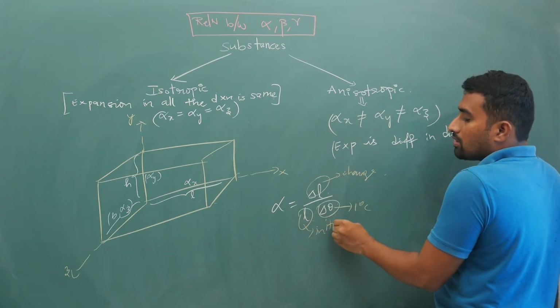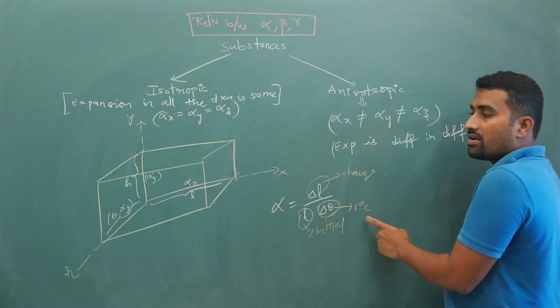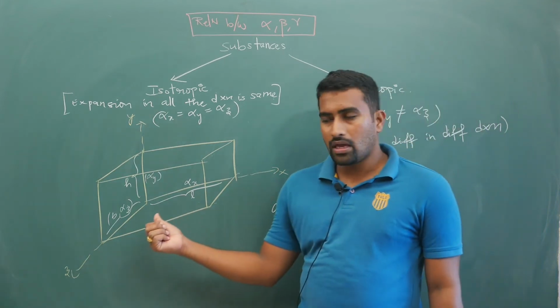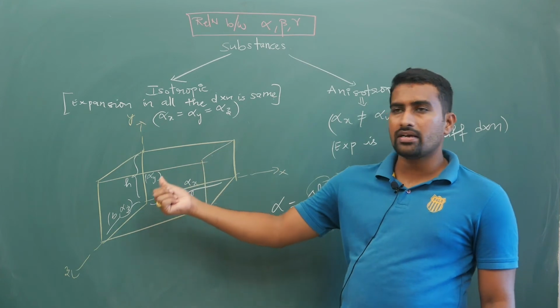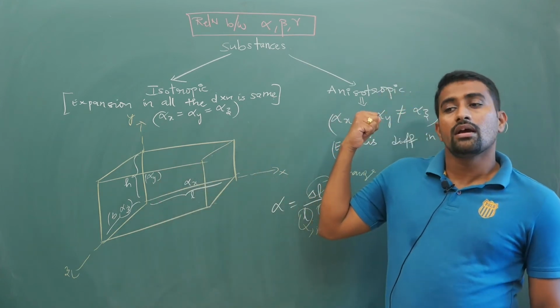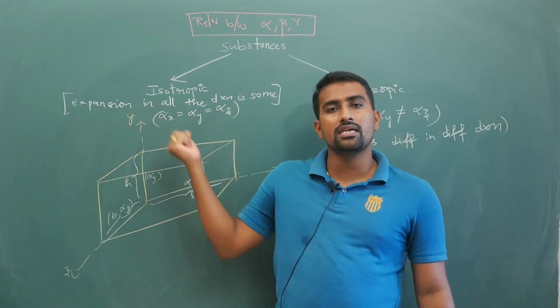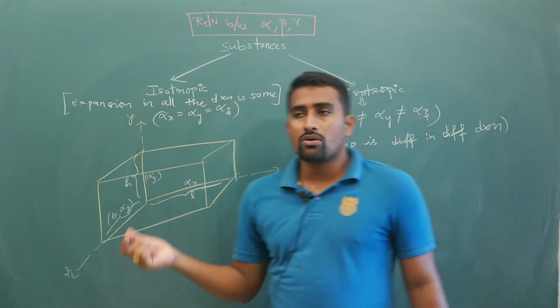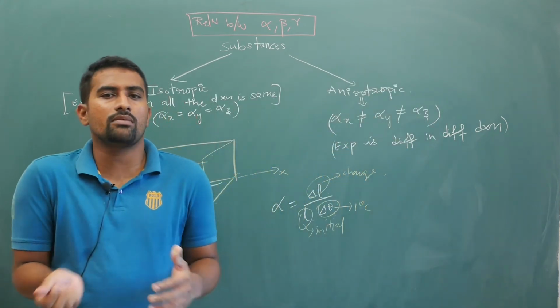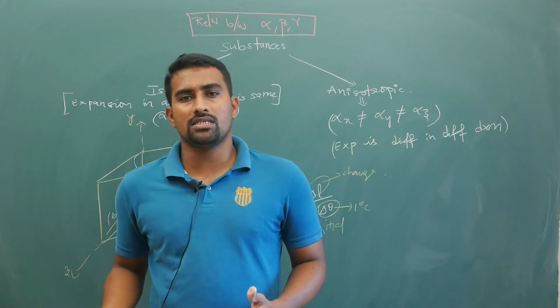Indirectly, your change in length per unit length for every 1 degree centigrade is alpha, and if that is different in different directions, then your solid is an anisotropic solid. If it is the same, it is an isotropic solid. So for isotropic solids it will be one thing, for anisotropic solids it will be different.